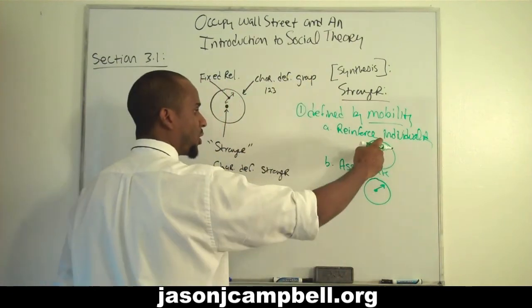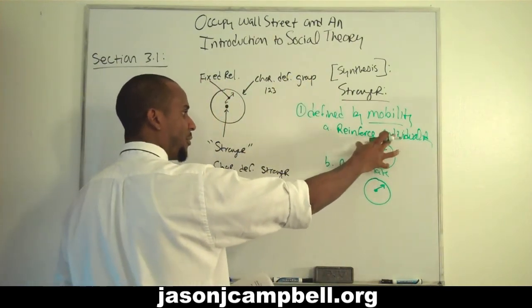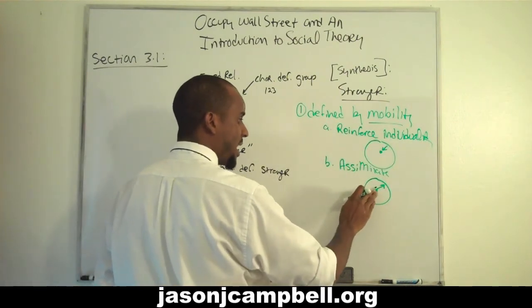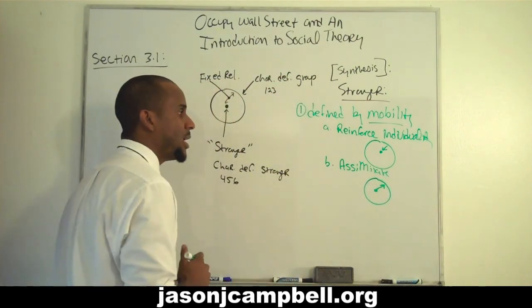I'm reinforcing my individuality, stepping outside of the group, identifying myself as unique from the group, or the pressure to assimilate is so much that I'm moving away from my individuality to become part of the group.